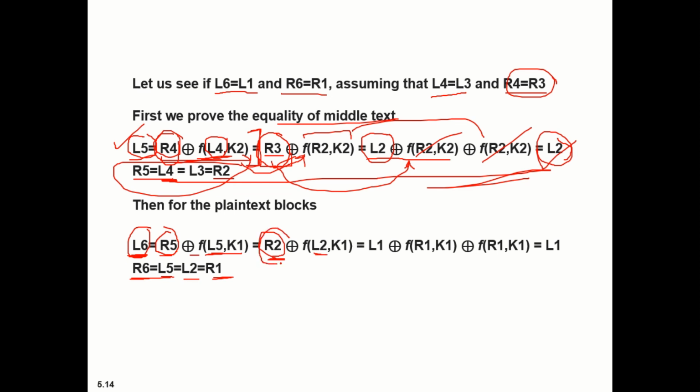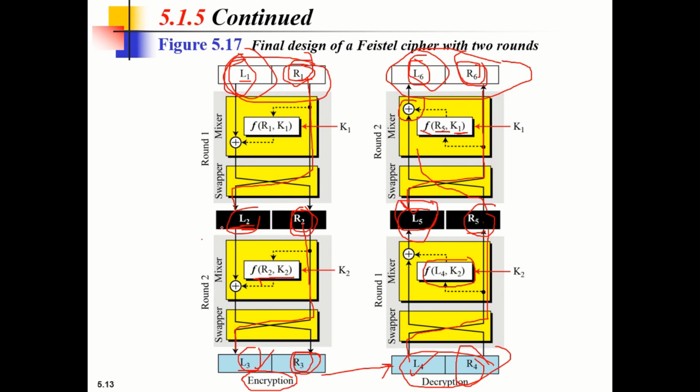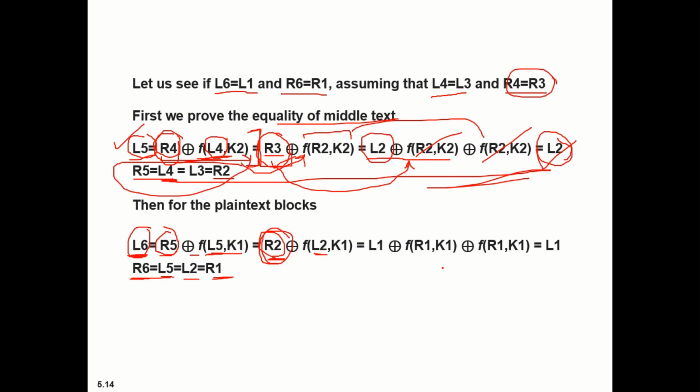Then we can find out how we calculate R2. We can check it from here. This R2 we are getting using L1, this L1 XORed with F(R1, K1), right? So this is the same thing written over here.